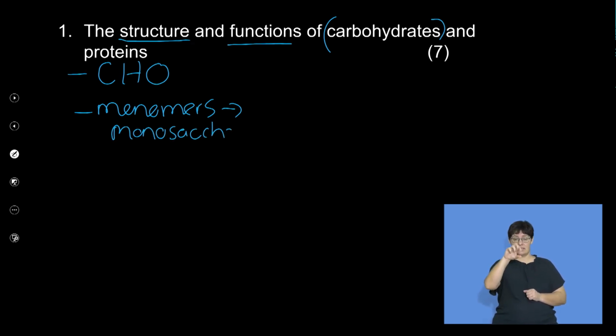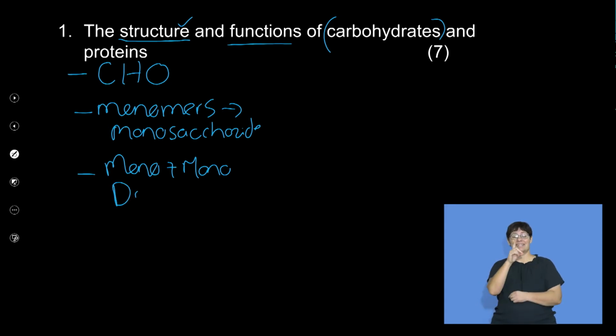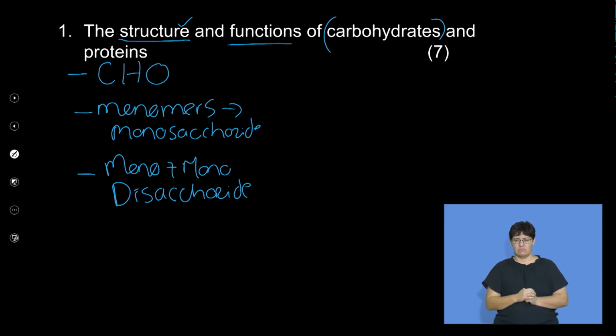Okay, that is the structure. We're busy with the structure of carbohydrates. What else do we know about monosaccharides? If we have a monosaccharide plus a monosaccharide, we get a disaccharide. And what else do we know about carbohydrates?